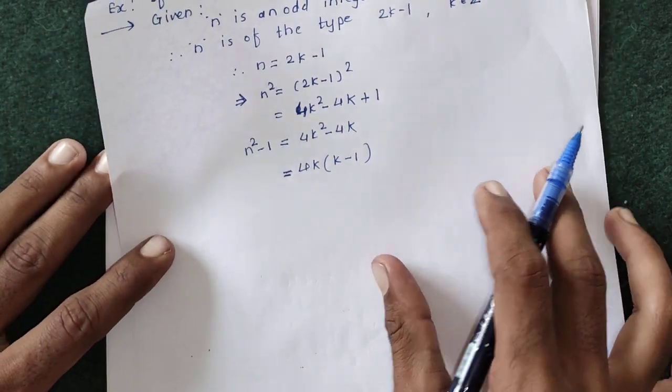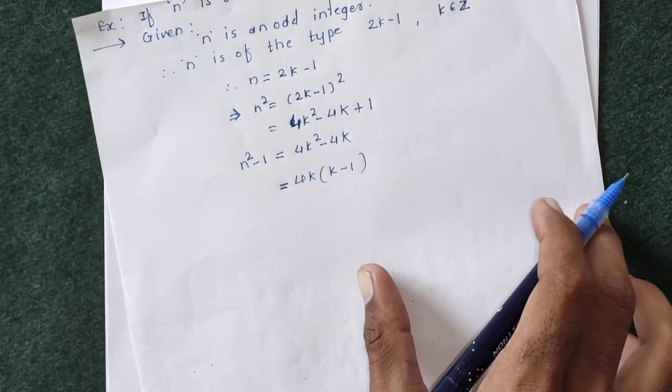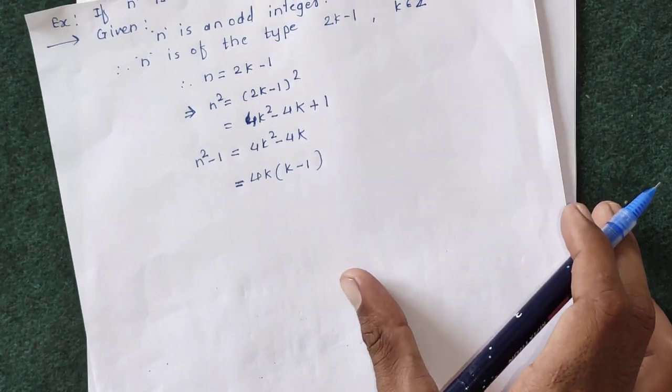And also we know that the product of any two consecutive integers is always even.